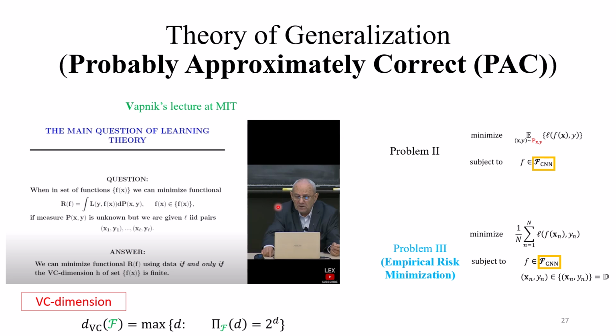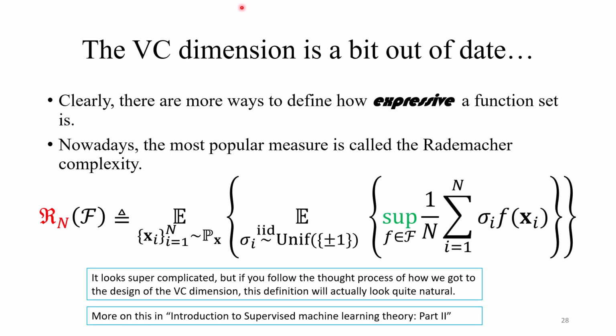So next time when we see someone discuss or refer to the VC dimension, I hope this video provides a useful perspective. Now, clearly there are more ways to define how expressive a function set is, and as this title suggests, the VC dimension is a relatively old measure. A relatively more recent measure is called the Rademacher complexity, proposed by Professors Peter Bartlett and Shahar Mendelson in 2002.